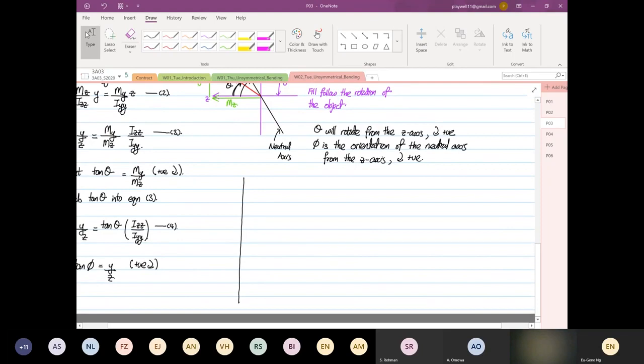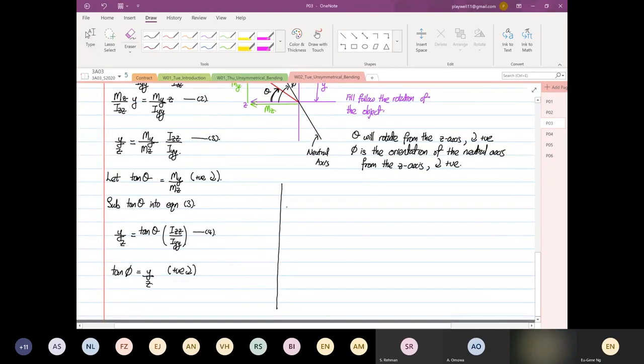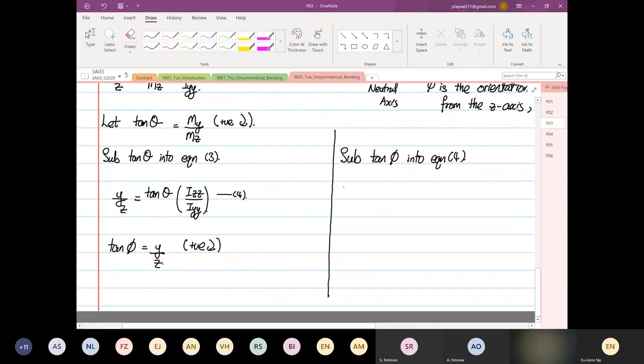So what we have now is tangent phi is equal to tangent theta times Izz over Iyy. And this is the final form.